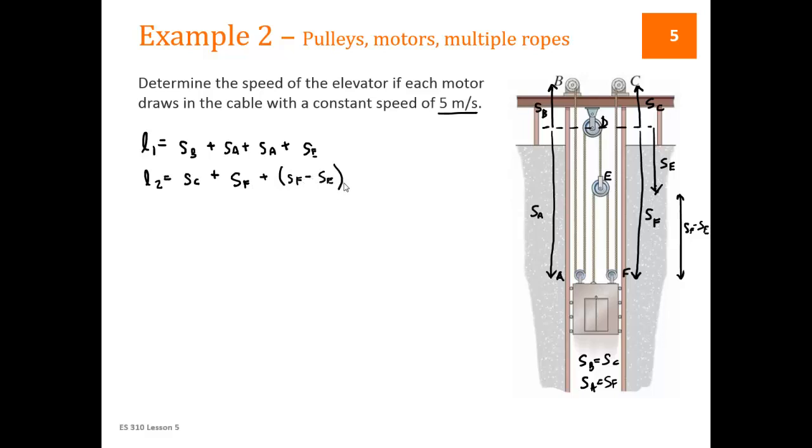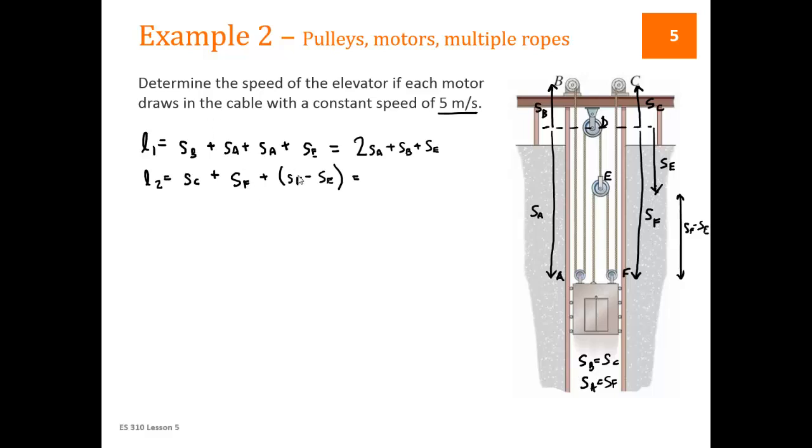All right, so let's rewrite, we'll combine some things here. So we've got 2SA plus SB plus SE. Here we have SC, which is the same as SB, SF, which is the same as SA.